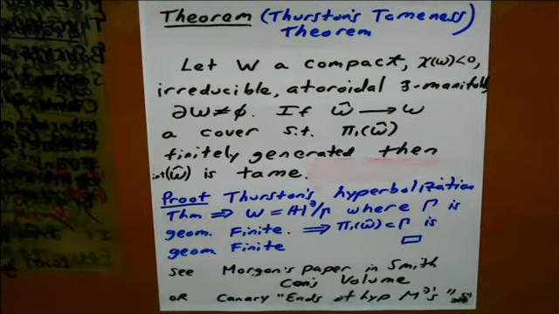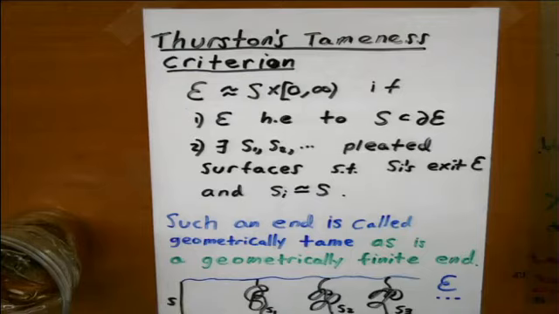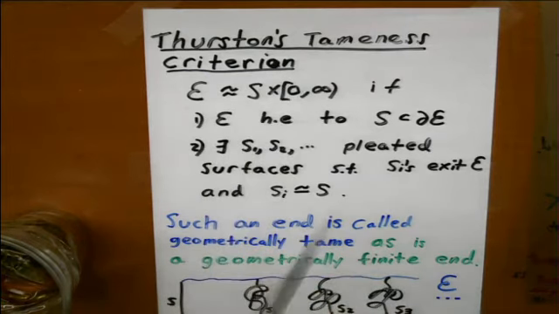So another crucial ingredient of Thurston is what I call Thurston's tameness criterion. An end satisfies this criterion if it satisfies two properties.